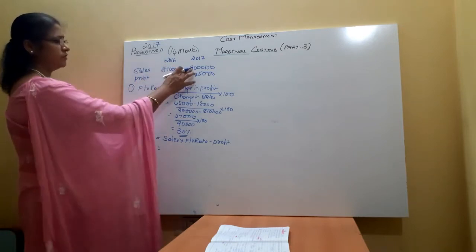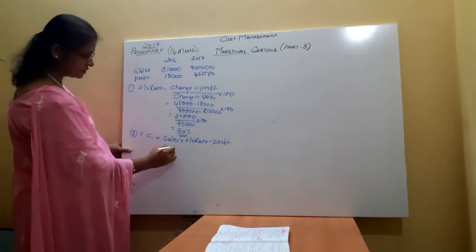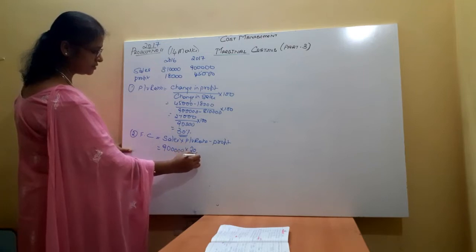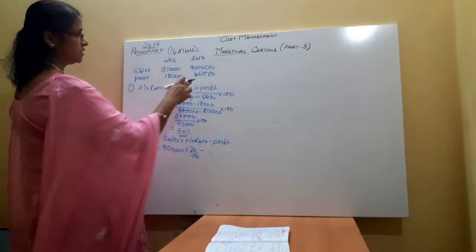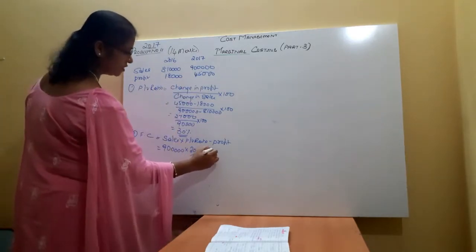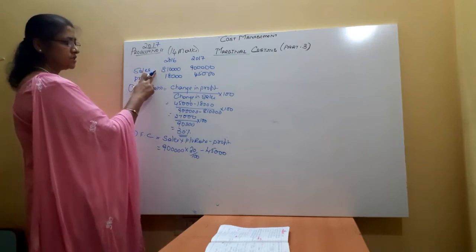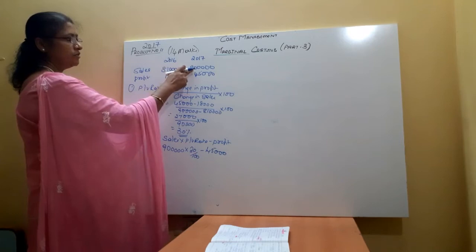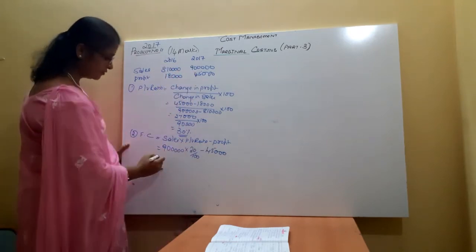We will take 2017, where the sales is 9 lakhs into the PV ratio is 30% minus the profit for 2017 is 45. So make a note of it. If you are taking sales for 2016, then you have to take the profit of 2016 only. Now here we have taken 2017 as 9 lakhs, so I have taken the profit as 45,000.